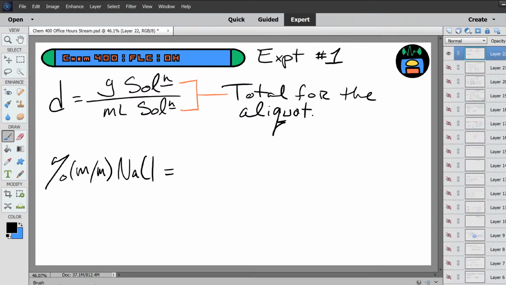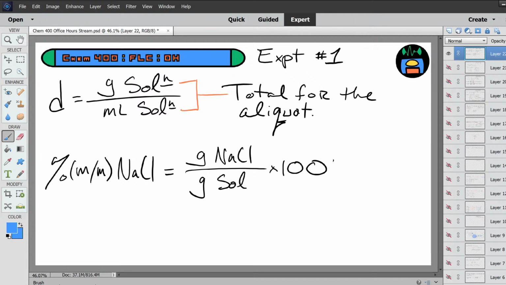All right, so Rin, for the mass percent of sodium chloride, this is grams of NaCl divided by grams of solution times 100. Now the denominator for the mass percent is the same thing as the numerator for your density.